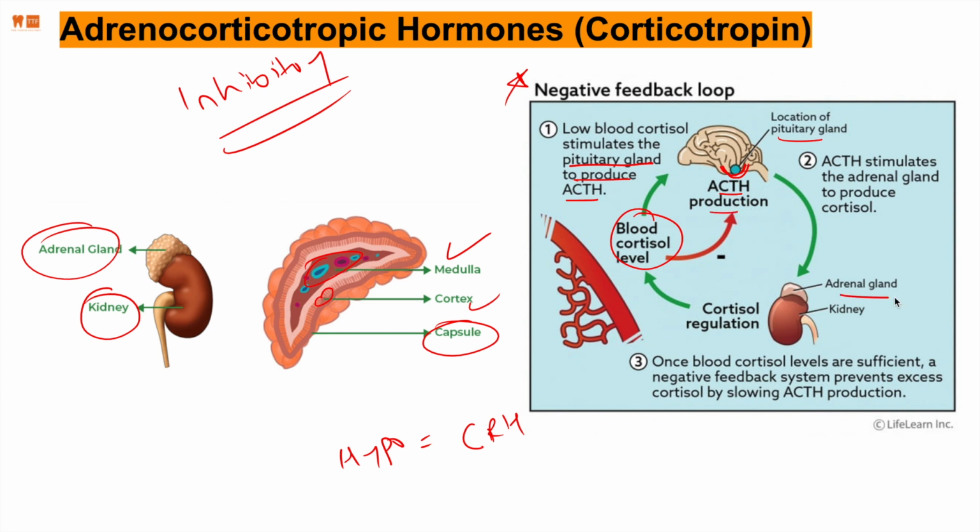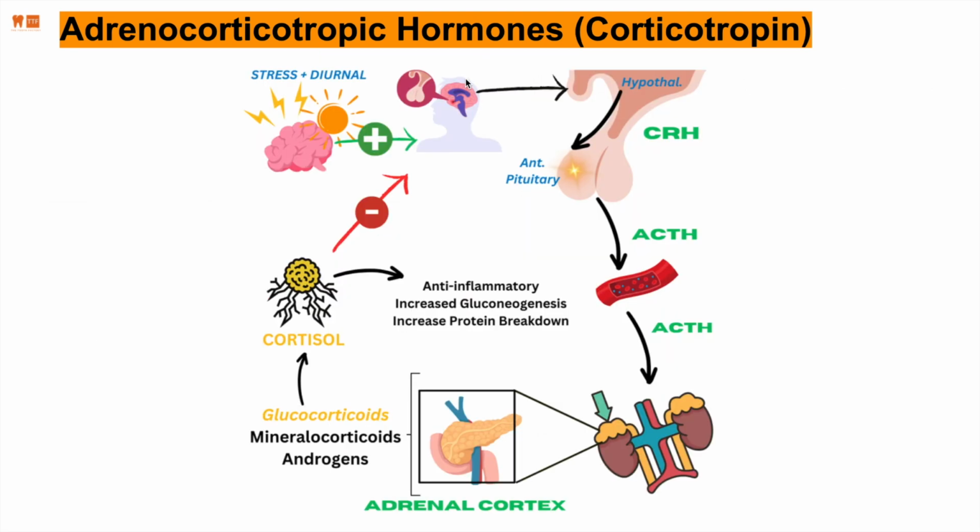ACTH goes to the adrenal gland, and then cortisol regulation takes place. Once blood cortisol levels are sufficient, a negative feedback on the side here comes and says, oh, okay, we don't need excess. We've got enough, so please slow down the ACTH production. How beautiful is that, guys? Our body does that automatically, and we don't even know about it.